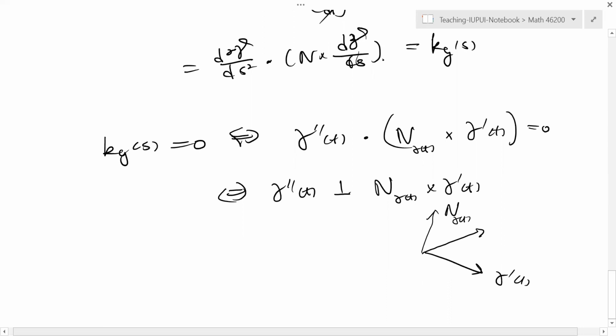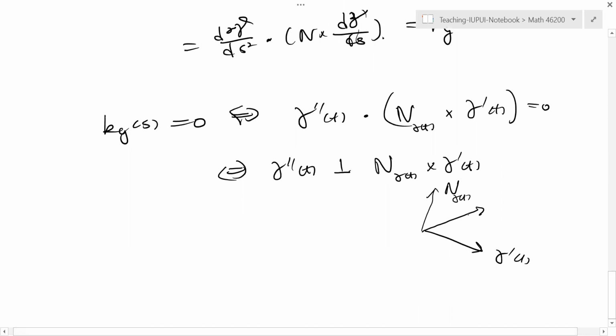So gamma double prime is going to be perpendicular to this vector. This projection could be somewhere like that. So gamma double prime must be in the plane spanned by these two vectors.